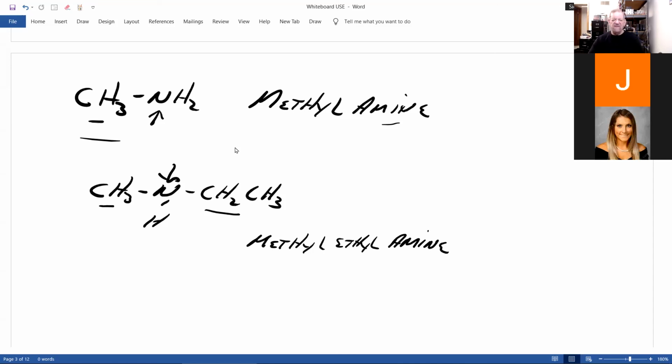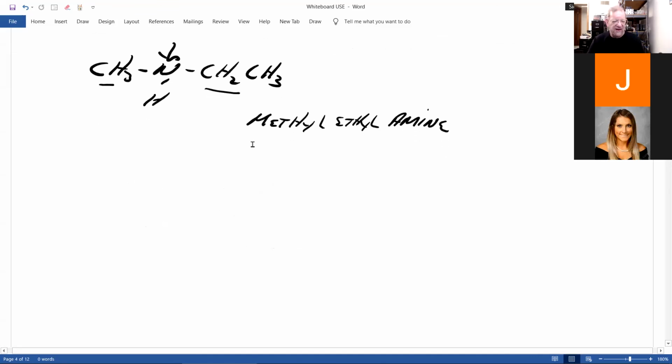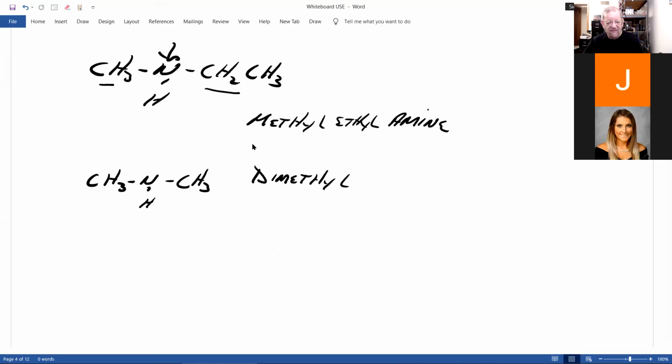Now, let me show you a convention organic chemists use, and I use without even thinking. If we have this compound, this would be dimethylamine, 2 methyl groups, amine. Now, when you have 2 or more of the same alkyl group attached to nitrogen, you can write it this way, which most organic chemists, including Dr. White, don't.